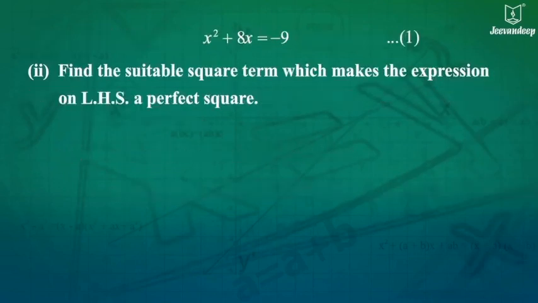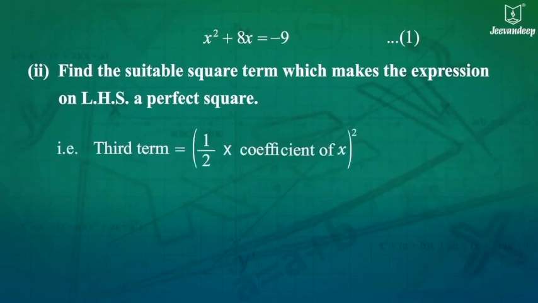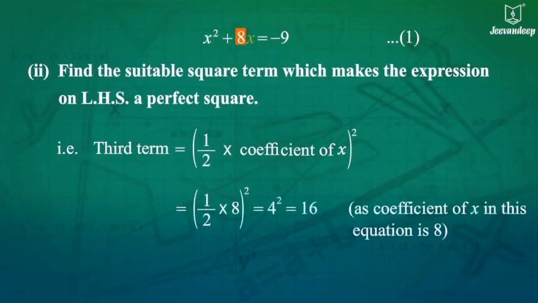Second step, find the suitable square term which makes the expression on left hand side a perfect square. That is, third term equals to half of the coefficient of x whole square. As coefficient of x in this equation is 8, we get half of 8 whole square equals to 16.